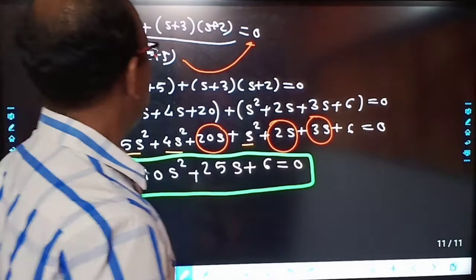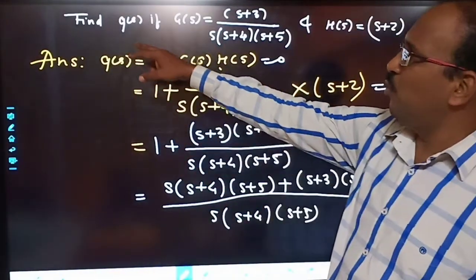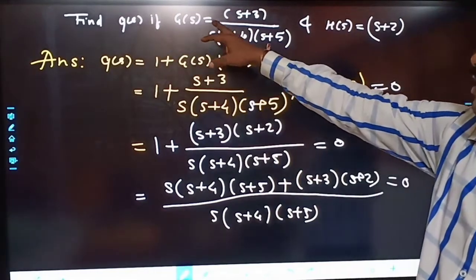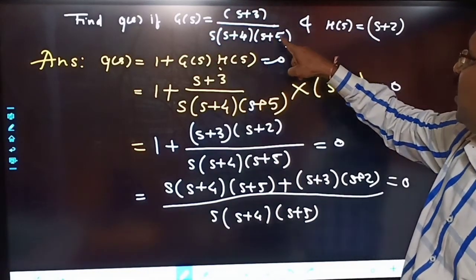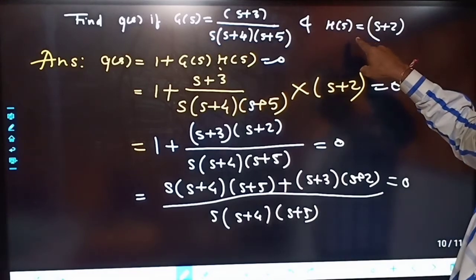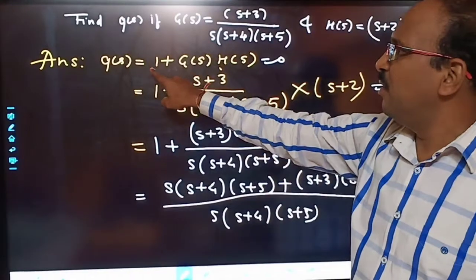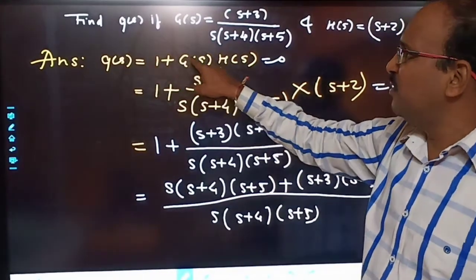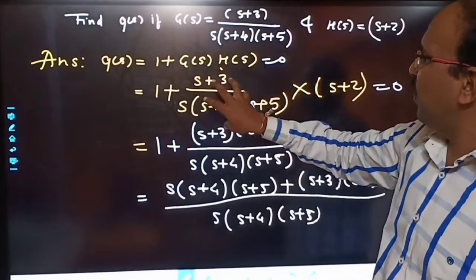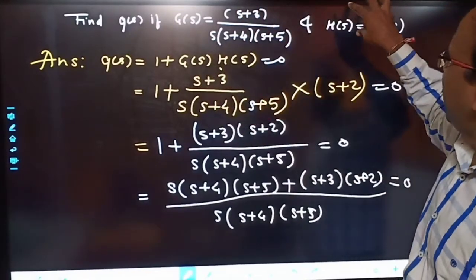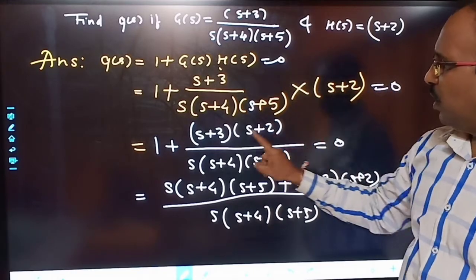So now I tell you about this. The question was, find the characteristic equation of this. G of s is given and H of s is given. So you know what to do for the characteristic equation. There is a standard equation, that is 1 plus G of s H of s equals 0. G of s is given, H of s is given, multiply here, and that is equal to 0. Now what we do?